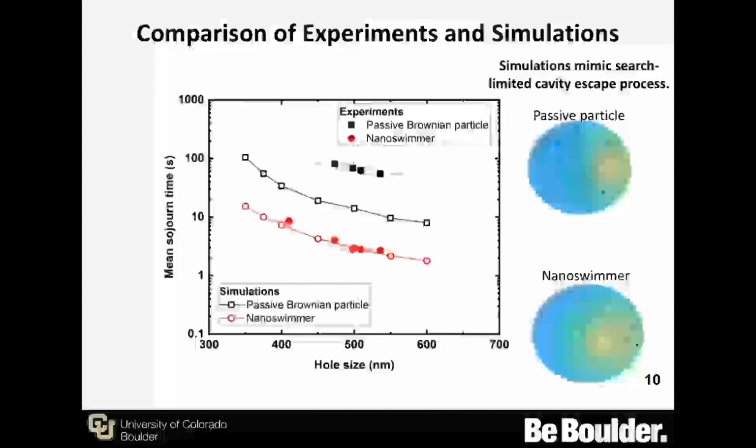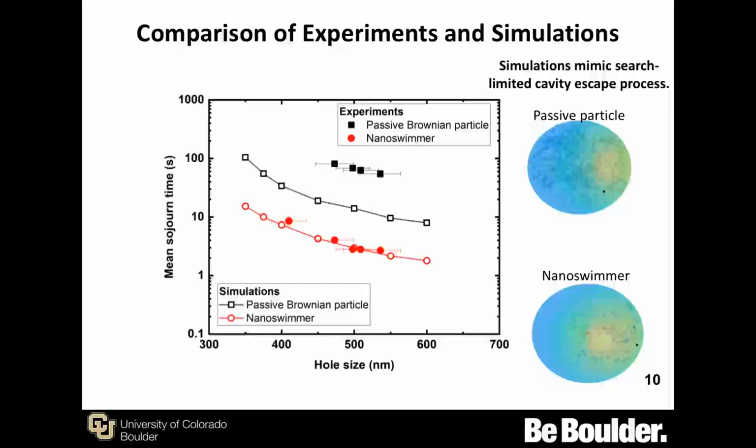So why is that? To understand this, first, we did a bunch of experiments. In this experiment, we changed the hole size and measured the mean sojourn time as a function of the hole size. The solid data points are the experiment data, which include the passive Brownian particle result and also the Nanoswimmer result.